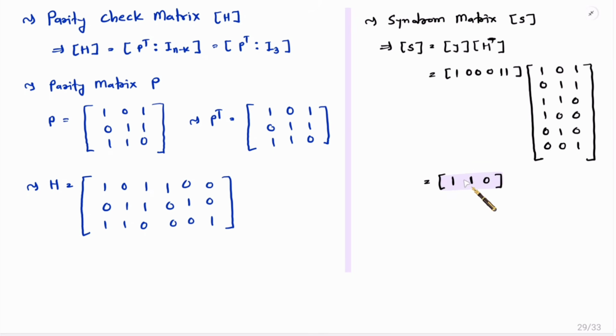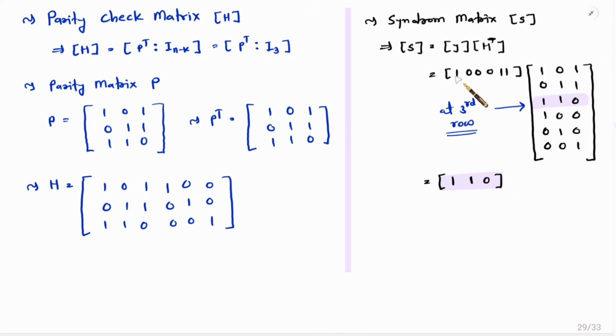And if you match this 1 1 0 in this H transpose, then that is available over here, at the third location. Let me note it down. What does it mean? It means we have error in the third bit. So this is what we have received, and here the error syndrome explains we have error in the third location.